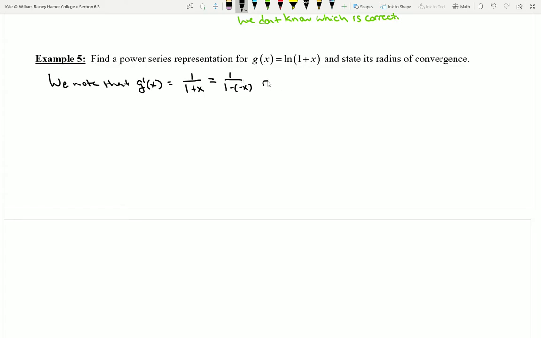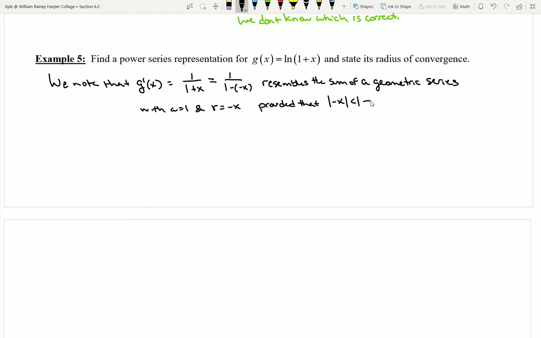So again, I can say that this resembles the sum of a geometric series with a equals 1 and r equaling negative x, provided that the absolute value of my r is less than 1.